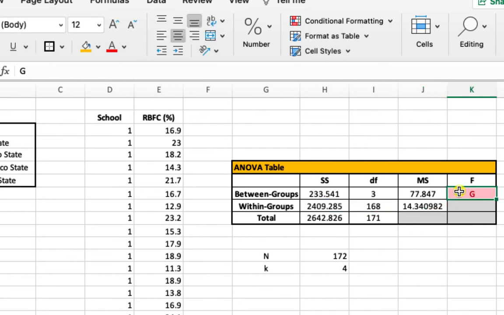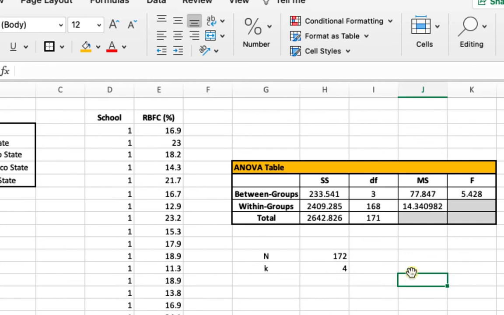From there, our F statistic is calculated by taking our between groups mean square divided by our within groups mean square. So we just input that equation and press enter, and we end up with an F statistic.